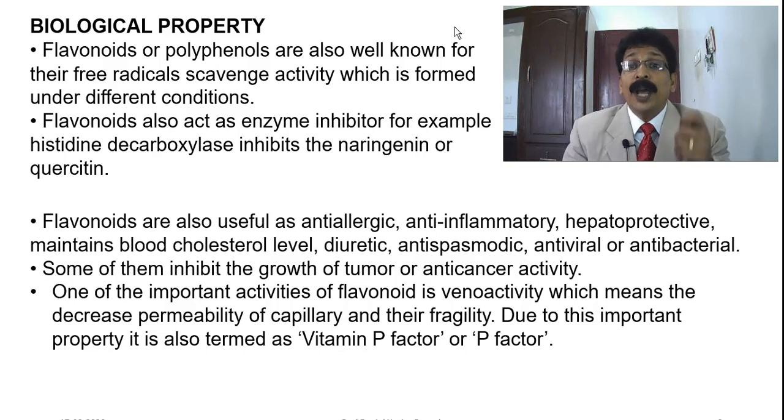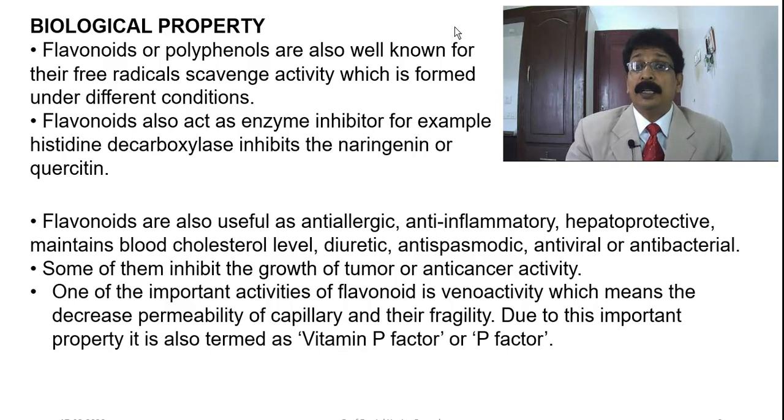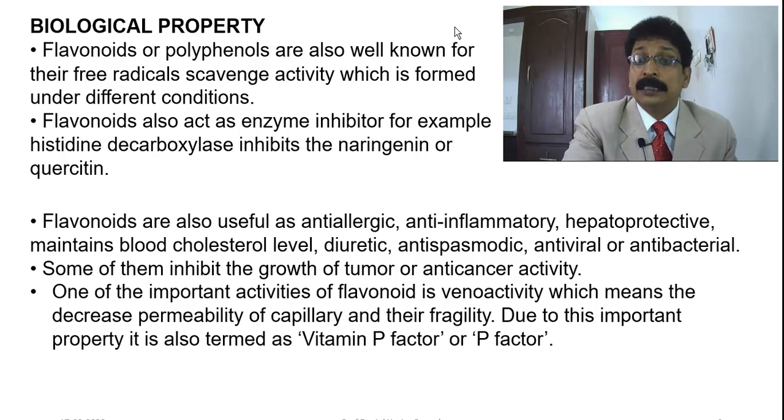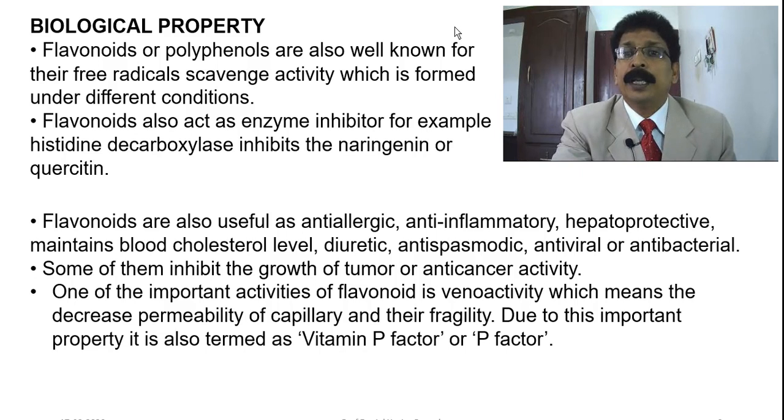So very important applications of plant material we can observe from these flavonoids, like anti-allergic, anti-inflammatory, hepatoprotective, maintaining blood cholesterol level, diuretic, antispasmodic, and antiviral or antibacterial effects as well.